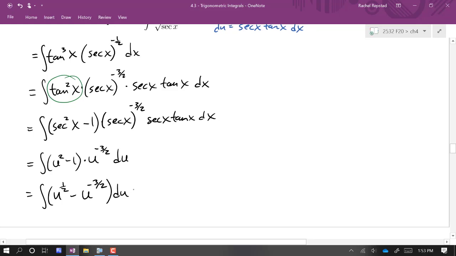So now we can use our power rule. I'm running out of space here, so I'm going to move over to the right. Using the power rule, we get 2/3 u to the 3/2 minus, using the power rule there, I'll have u to the minus 1/2 times a negative 2 plus a constant.